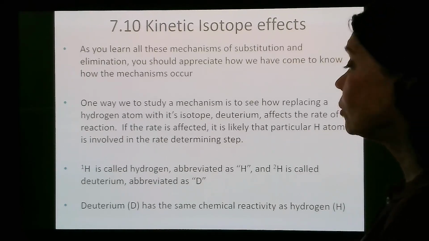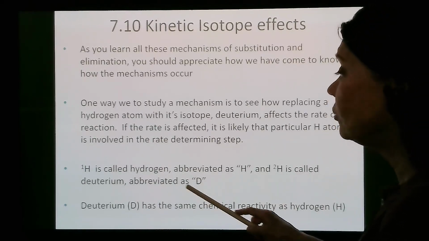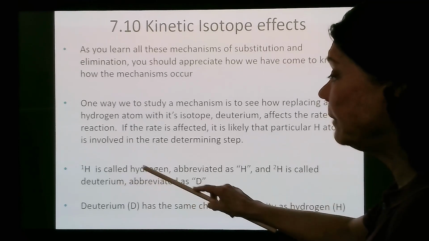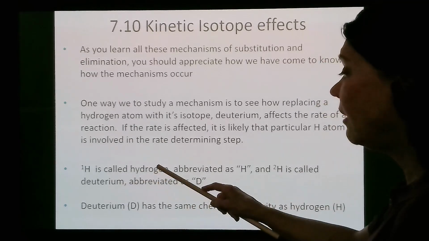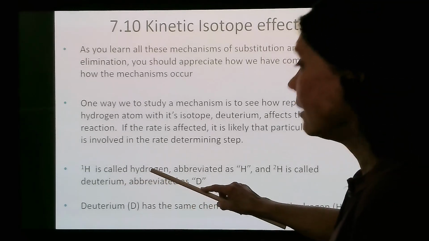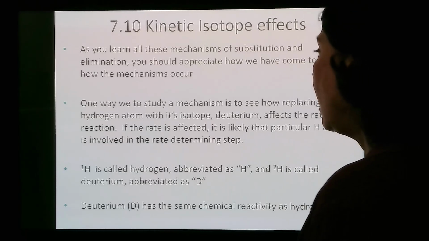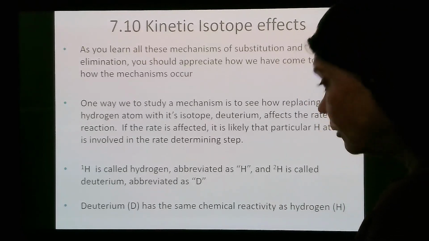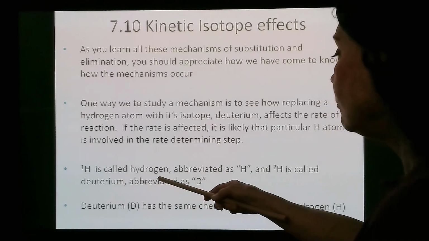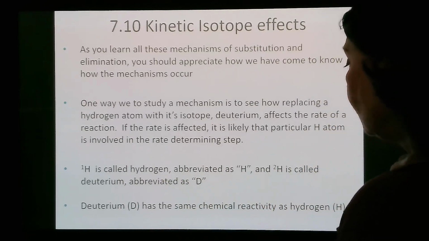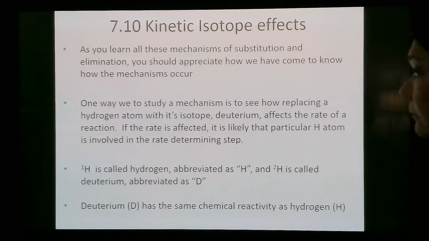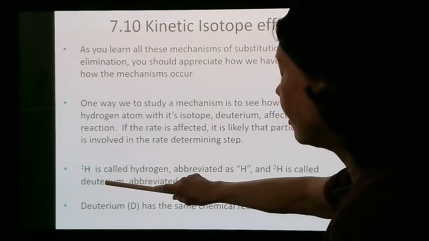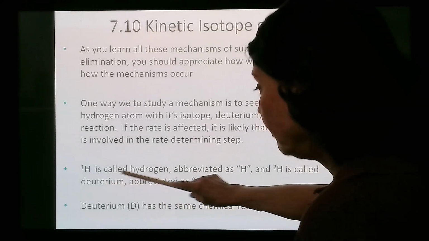So one of the most common ones is deuterium. You know, deuterium is an isotope of hydrogen. And so we run deuterium isotope effects. Deuterium is a different isotope from hydrogen.